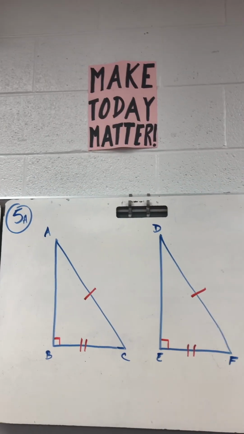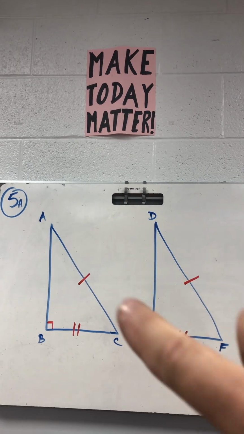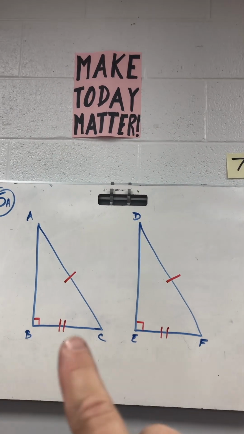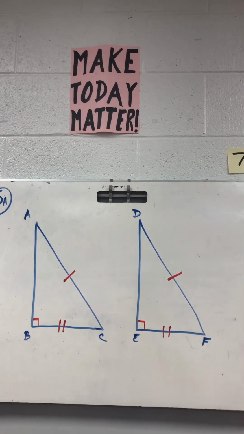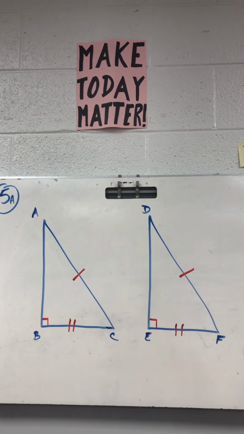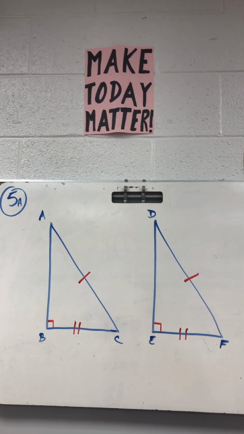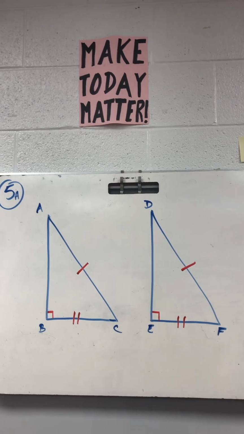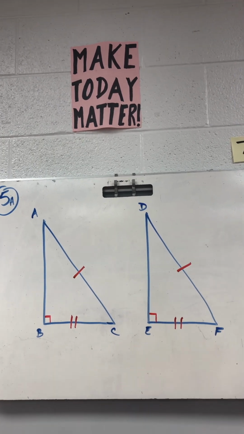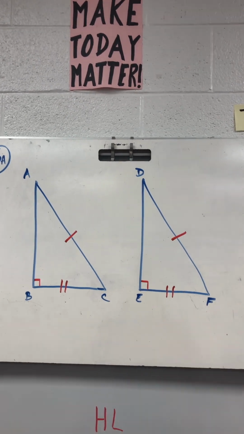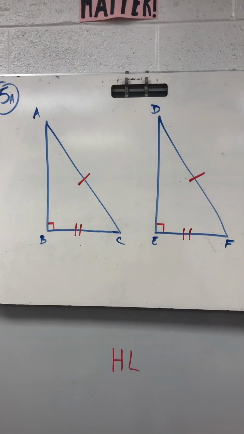Notice that the hypotenuse is congruent to the hypotenuse here, and one leg is congruent to one leg here. Okay? Now, for some reason, I don't know the reason, you don't mention the right angle. So when you're talking about right triangles, you just say hypotenuse leg, HL.